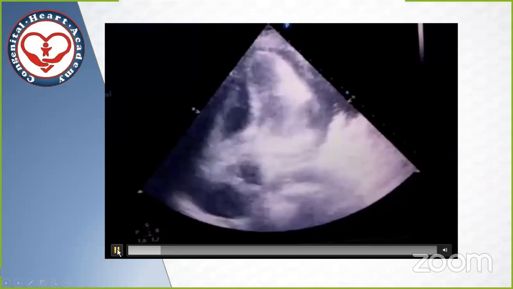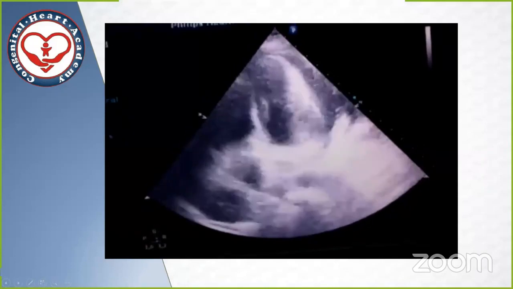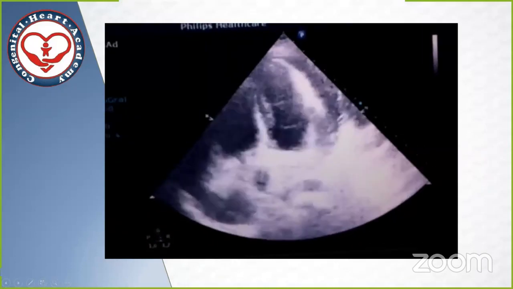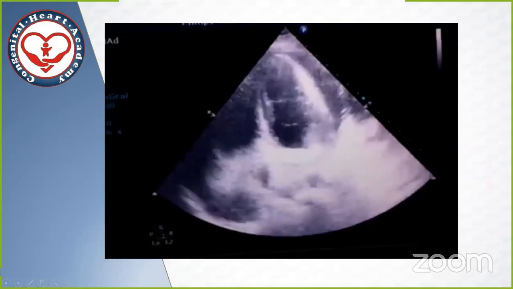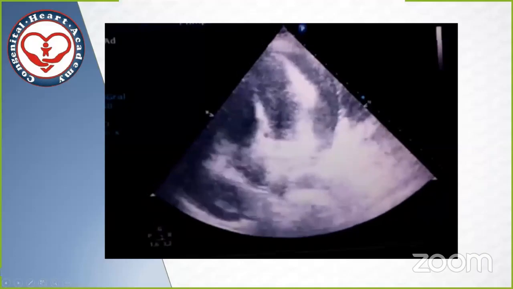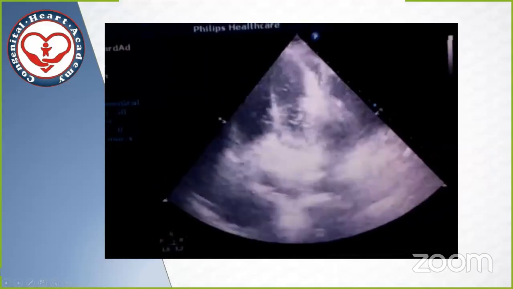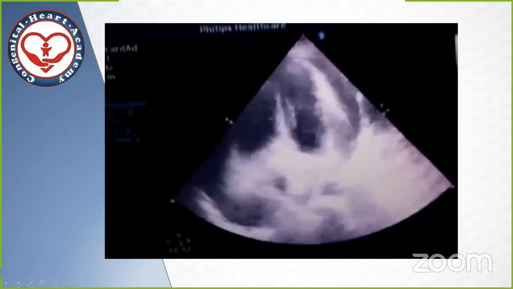So for instance, this is a classic video that I have put in other presentations. This is a resident with no previous experience on ultrasound that was giving us information through his mobile phone on this postoperative patient, and this is obvious pericardial tamponade as a source of a cardiac arrest.